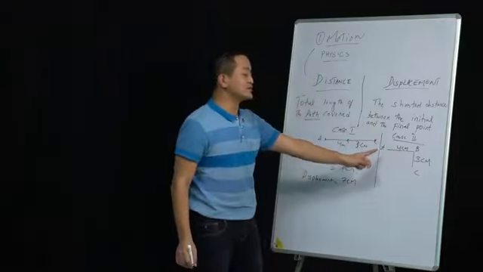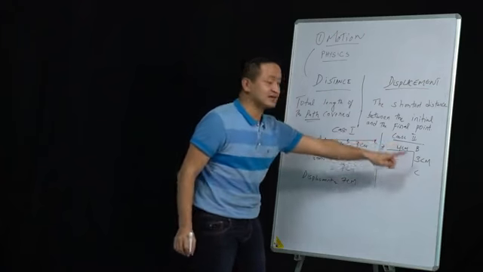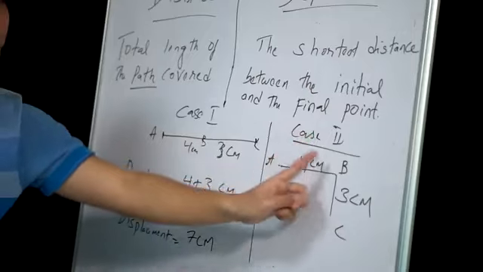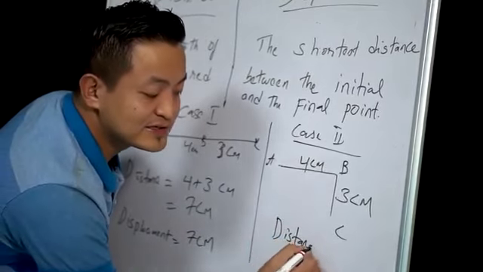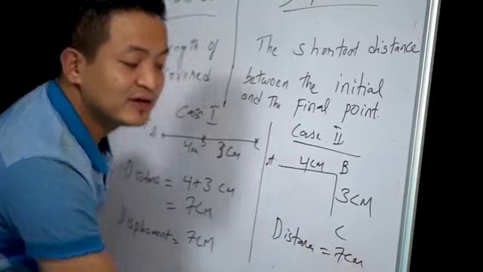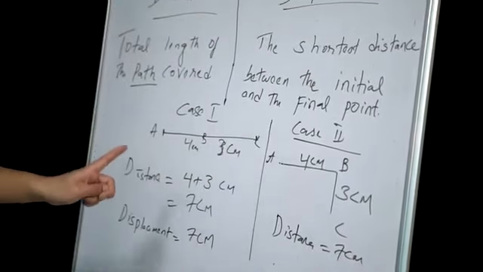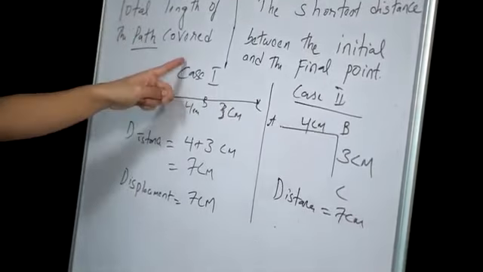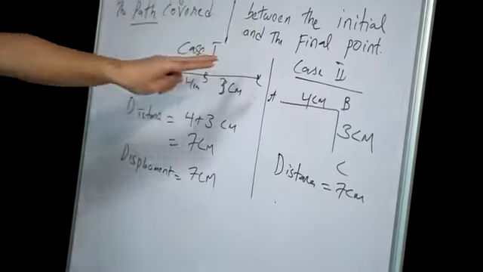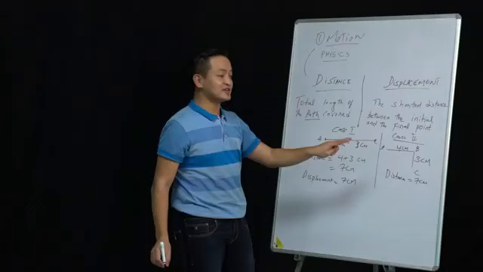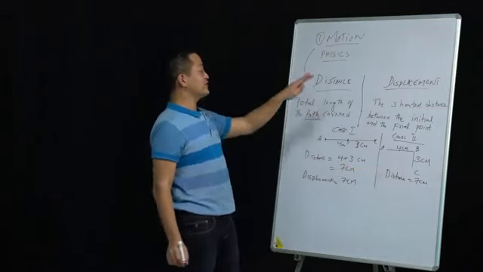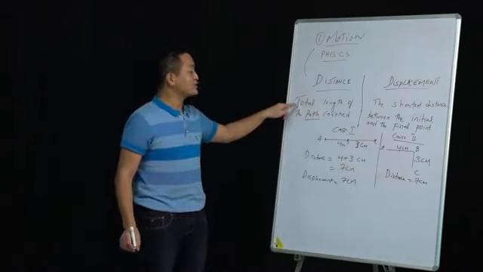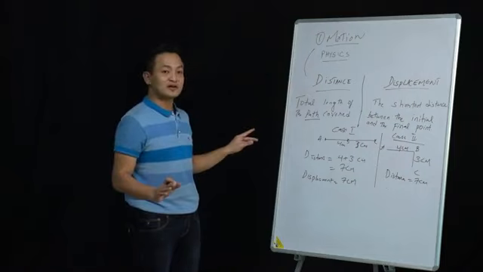Here, what is the total distance from A till C? We have to cross A, B, and C. So the distance is going to be 7 centimeter. One thing you notice from case 1 and case 2 is that in both cases, the distance is not changing. It is 7 centimeter, because from the definition, it is the total length of the path covered.